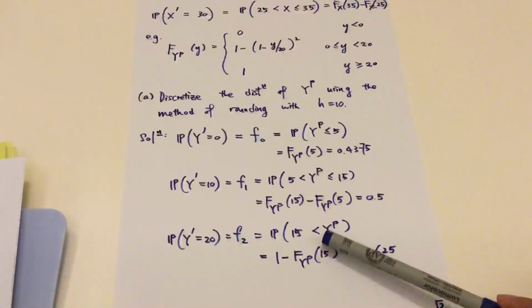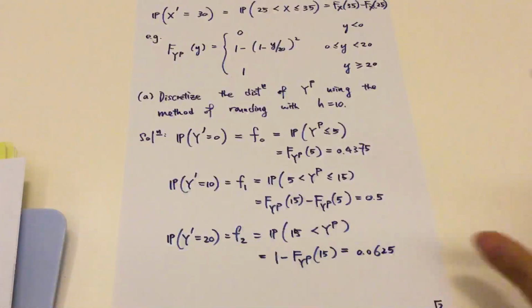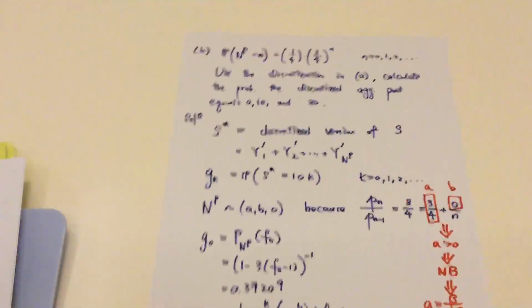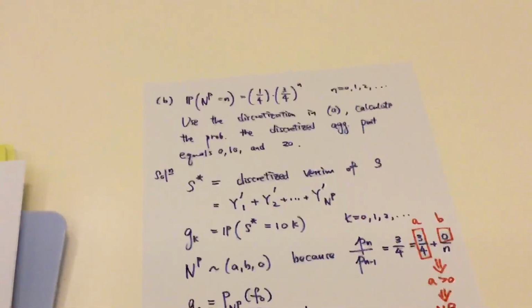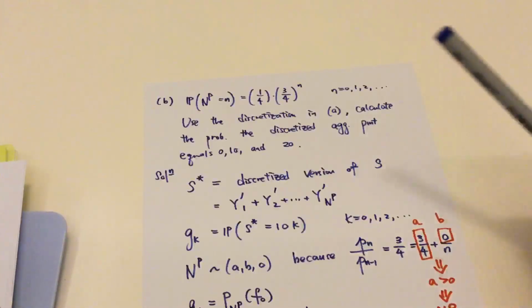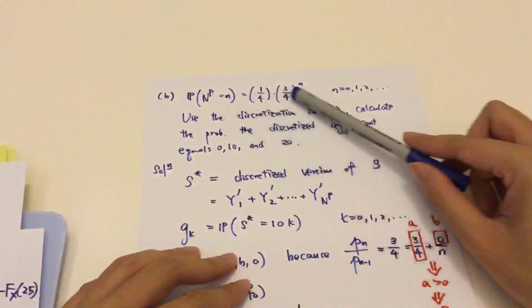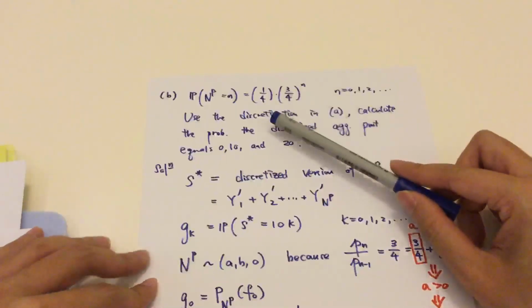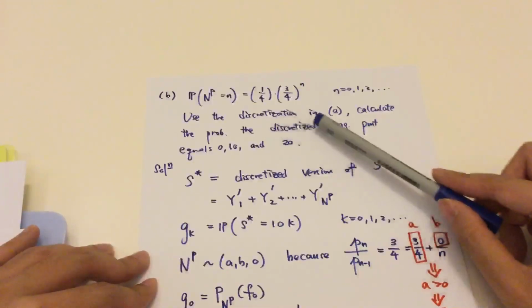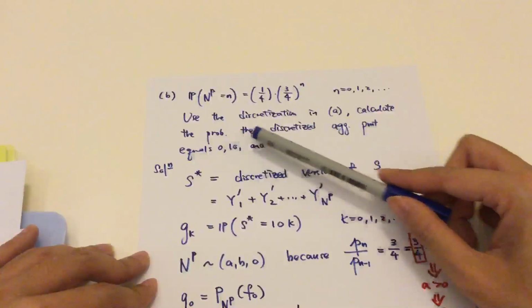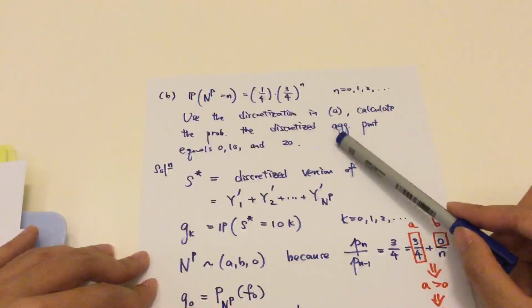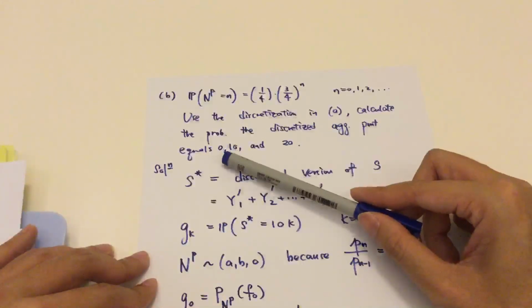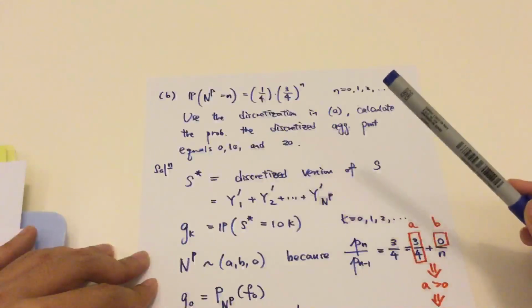Now, once we have this discretized y, we can look at another part. So suppose N_P, the number of payments, has a probability mass like this. We use the discretization in part A to calculate the probability that the discretized aggregate payment equals 0, 10, and 20.